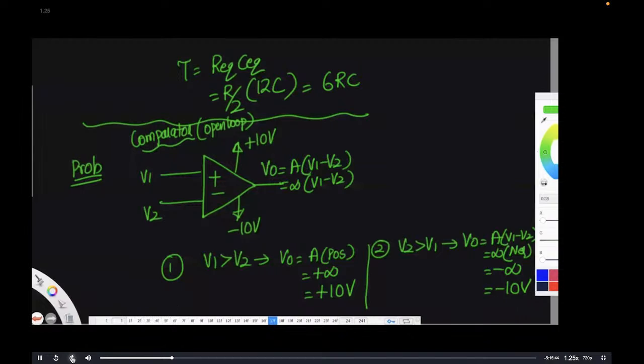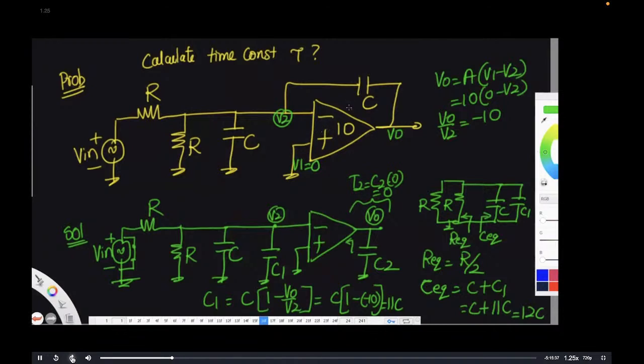In the previous problem, if the output resistance is given, then what will be the time constant? You have to add tau 1. See here, forget about output resistance. If a load is given, I'll make one load here, R. So if a load is given, then you will have another R here. Then tau 2 is going to be R into C2. Then the total tau is going to be tau 1 plus tau 2.